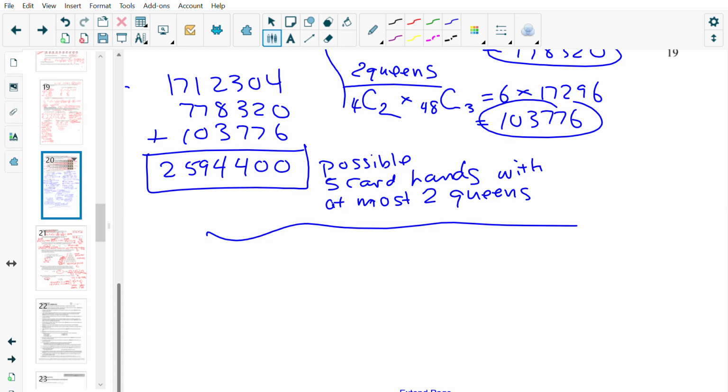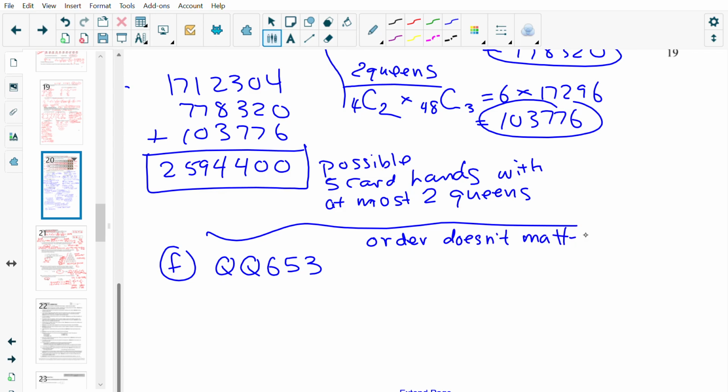So I do have to say this one thing. This example, let's say here's a possible hand for letter F. There's a possible hand with at most 2 queens. So let's say that we have queen, queen, 6, 5, 3. Okay, let's say that's our hand. This is a combination. So when we're selecting possible 5-card hands, remember order doesn't matter.